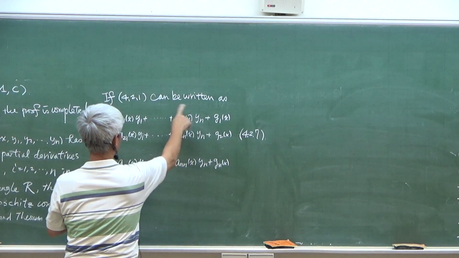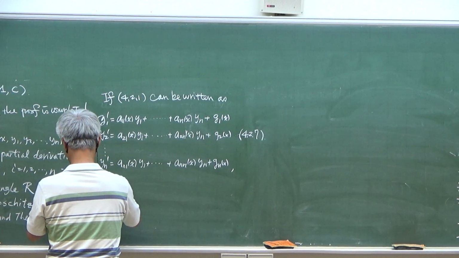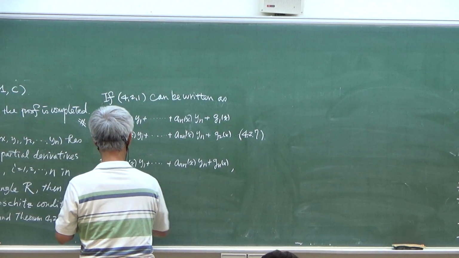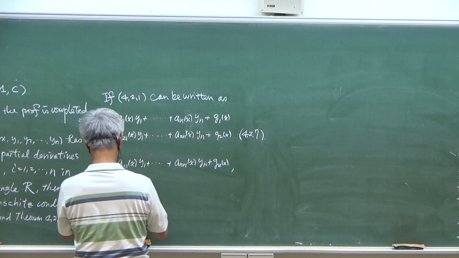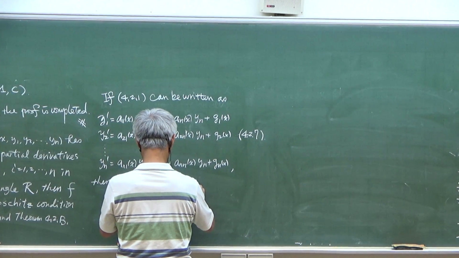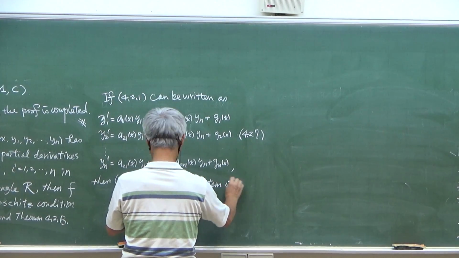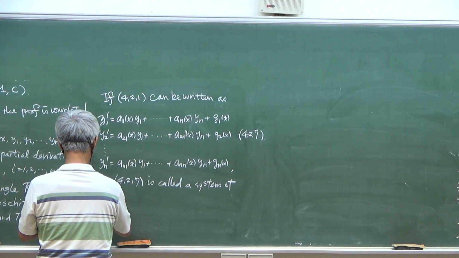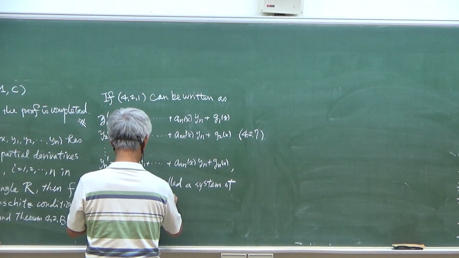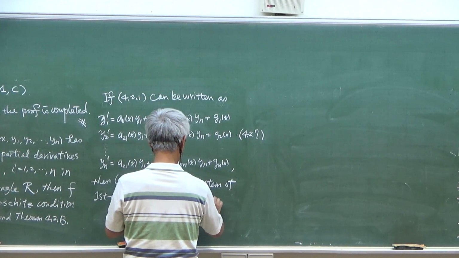Alright, so then 4.2.7 is called a system of first order linear ODEs, or a linear system.